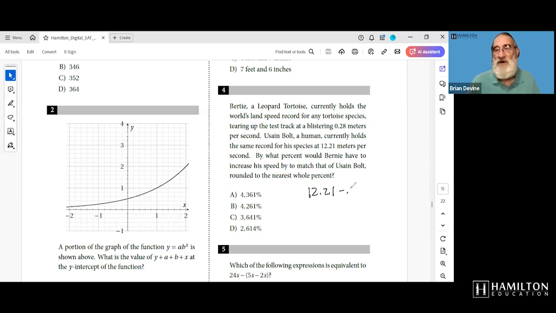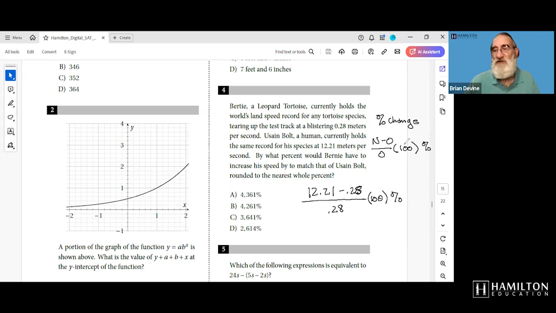I can take away Birdie's, which is 0.28, divide that by Birdie, because we're referencing the growth from Birdie, and multiply that by 100, and that will give me a percent, because I'm using the percent change formula: new minus old over old times 100%.